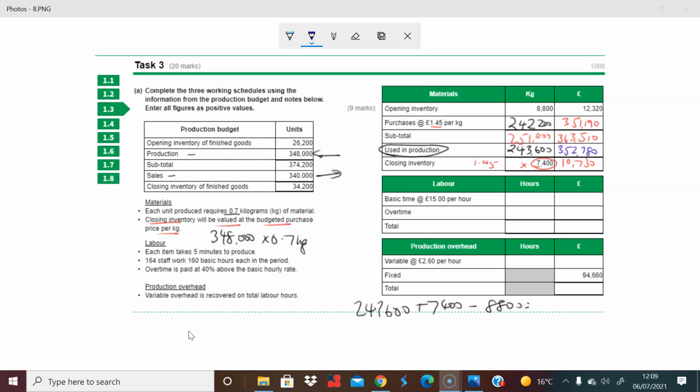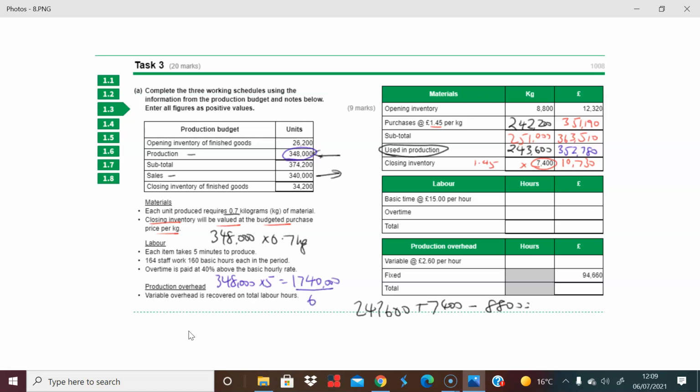All right, so let's look at labor. What we have with labor is the interesting scenario. It tells us that each item takes 5 minutes to produce. So we are producing 348,000 units, that's 348,000 units times 5 minutes, which comes to 1,740,000 minutes.